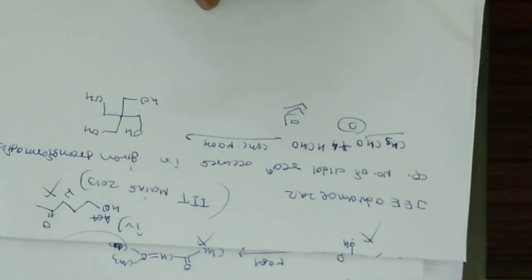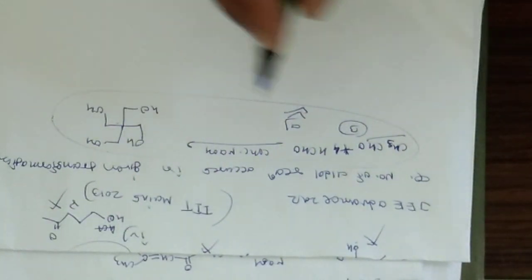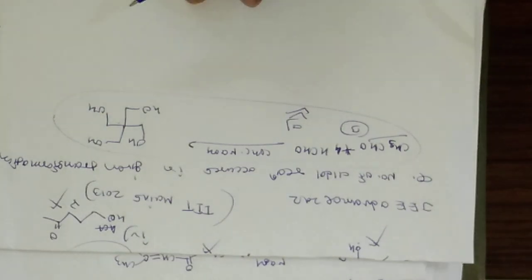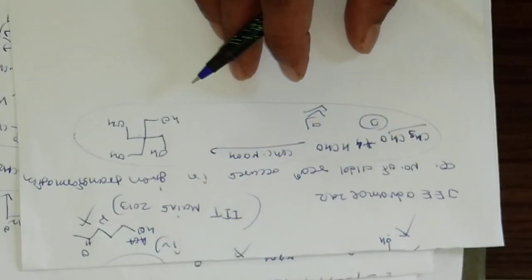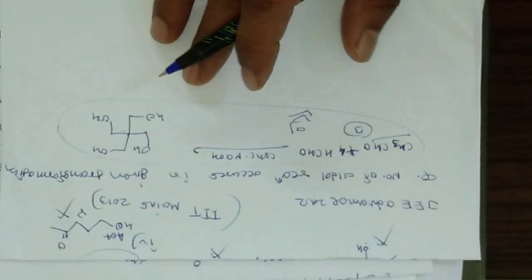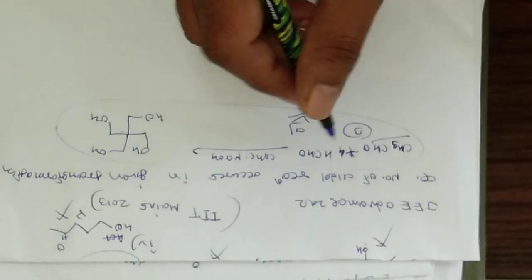I will continue the Cannizzaro reaction in the next video, where I will discuss in detail how this reaction happens and its mechanism. But from here we can simply say three aldol reactions occur in that transformation. So our correct option is A, and the correct answer is 3.